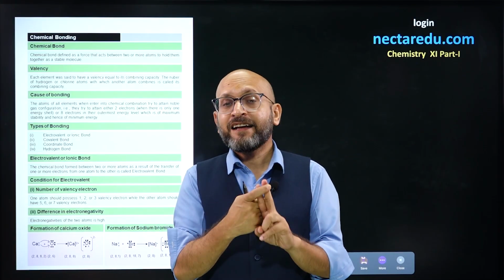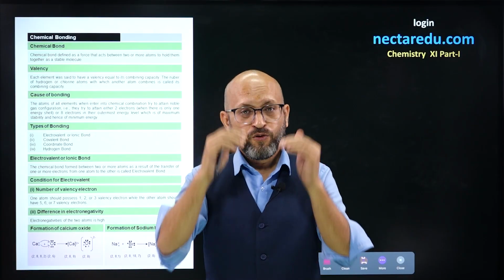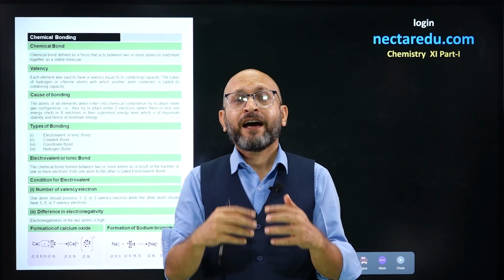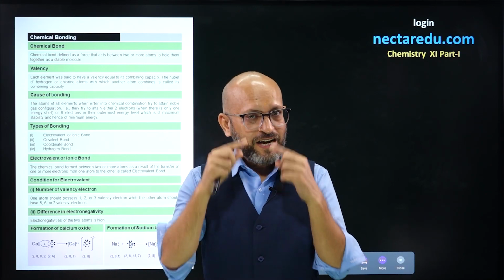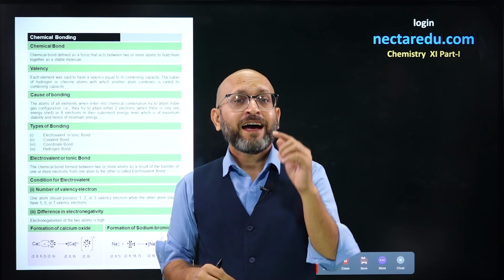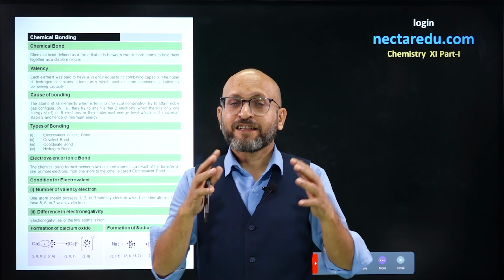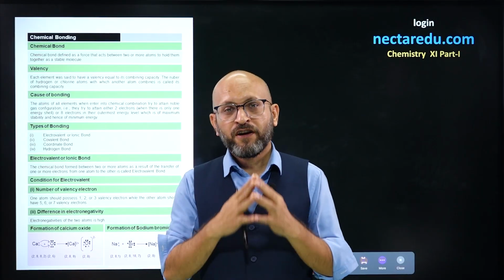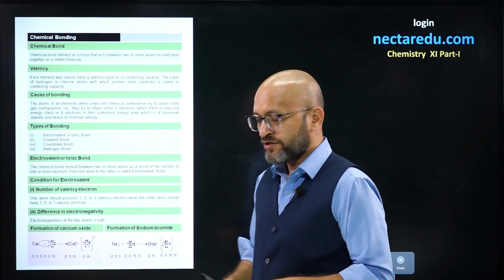Next, the ionization enthalpy, the energy required to remove an electron, must be low. Low ionization enthalpy of the metal and more negative electron gain enthalpy of the non-metal are the conditions for the formation of an ionic bond, and the representation is as below, where you can watch out.